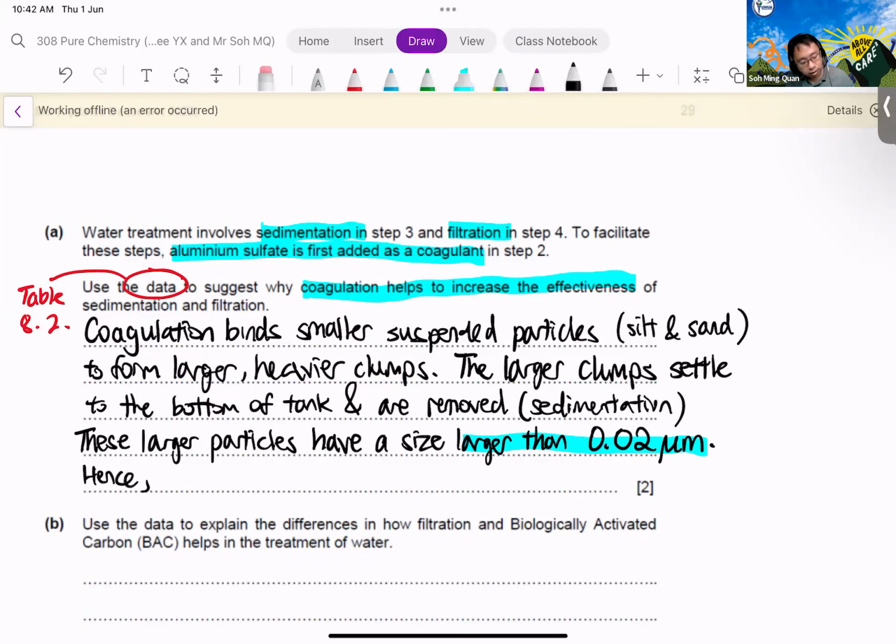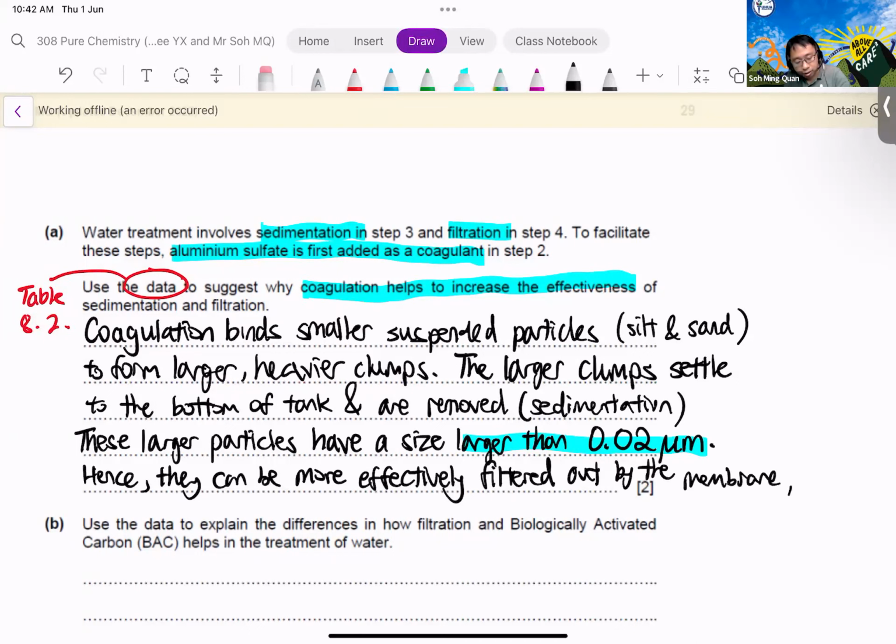Hence, they can be more effectively filtered out by the membrane as they are larger than the pore size of the membrane.